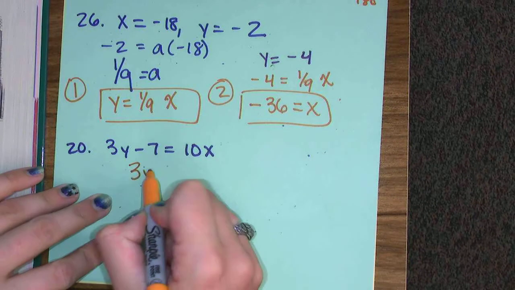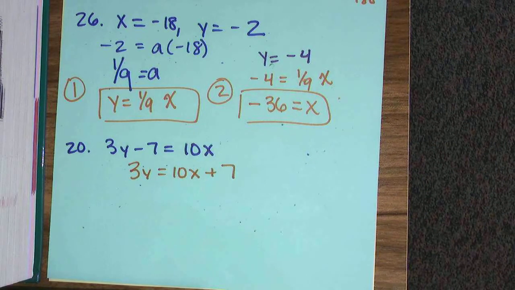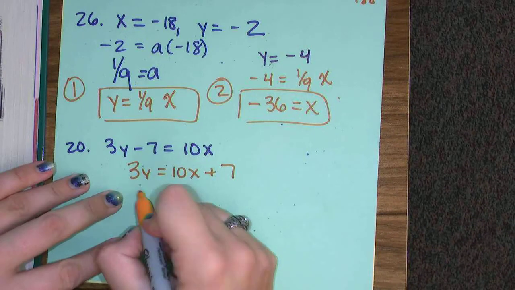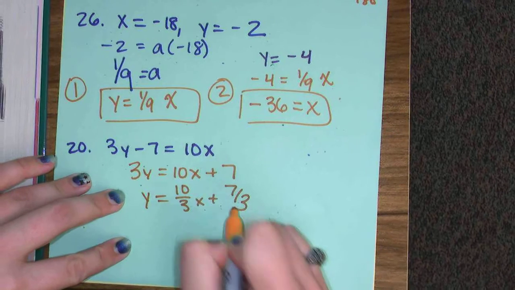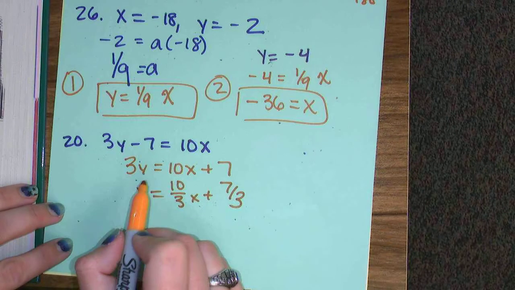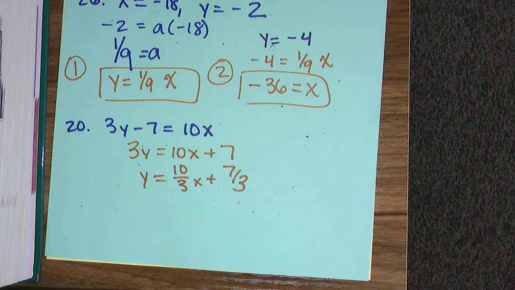So 3y is equal to 10x plus 7, and then what? We're not done. Solve for y. Y is equal to 10 over 3 x plus 7 over 3. Okay, you have to finish it out. You have to get y by itself on the left, and then you can tell me, is it direct variation or not? No, why not?